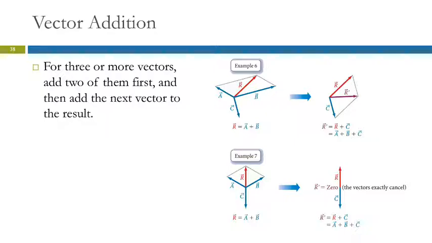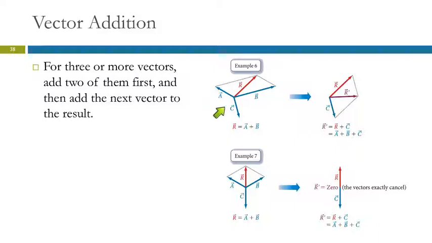Well, you can't do 3 dimensions all at one time. If you have 2 vectors, because they are lines, you automatically have 2 dimensions, not 3. But if you have 3 lines, you could have 3 dimensions. So add 2 of them first, and then add the third to the result of the first 2.